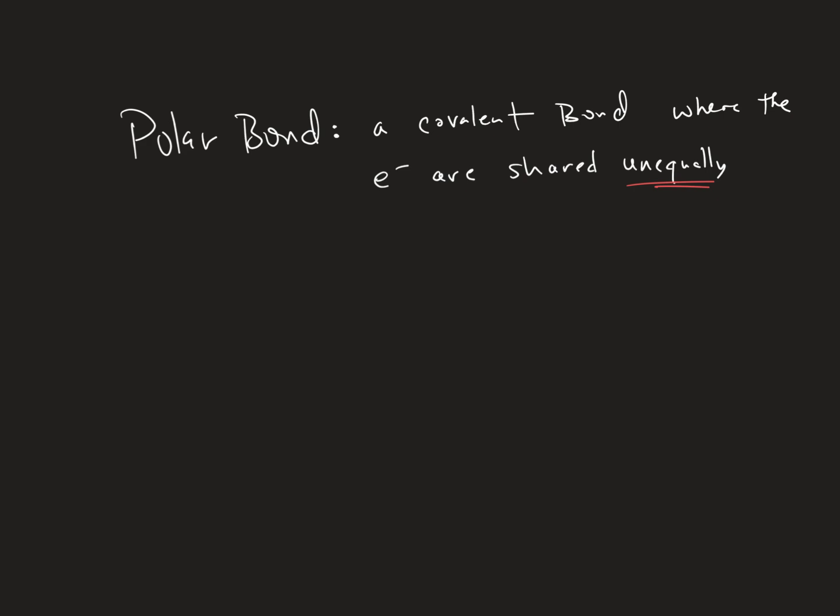All right, to determine if a bond is polar, we're going to follow a few steps. Step one, we want to determine the electronegativity value for each element. You have this chart on every exam, so you just look at it.